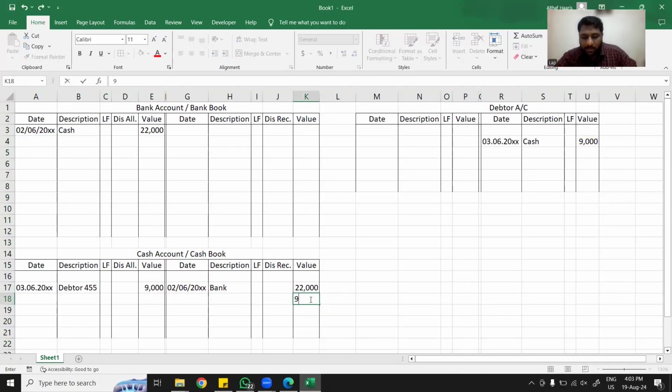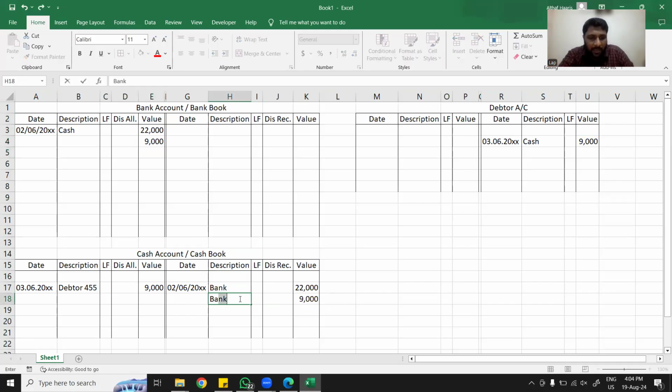Remove it. Removing means credit. And go and put it to the bank. Debit. So that cash is not in hand now. That cash is there in the bank now. That's why we put it to the bank.